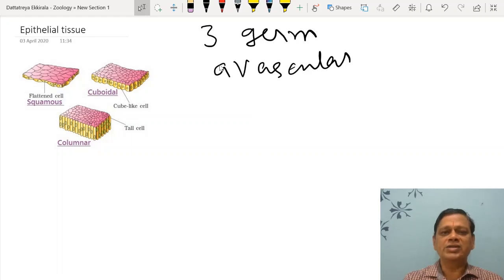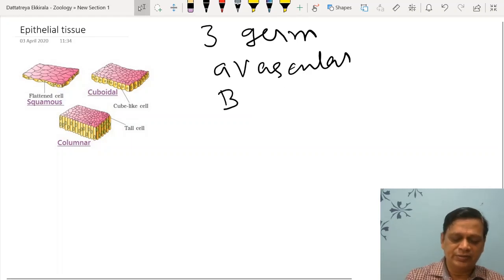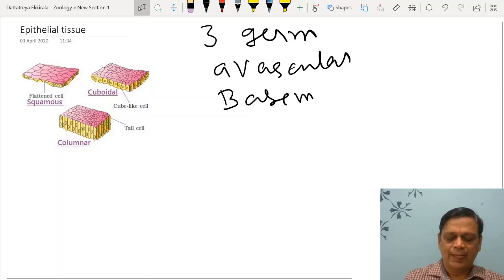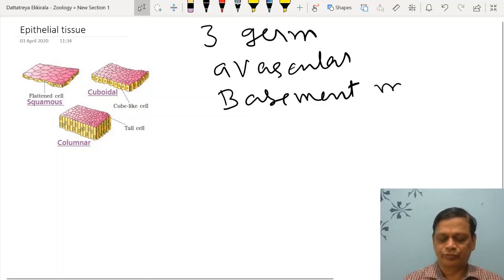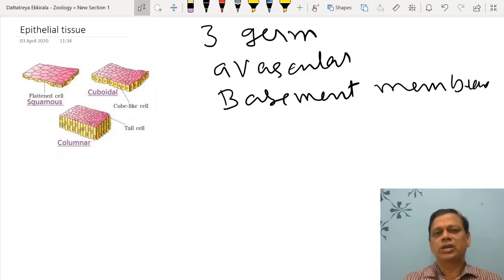And they rest on a basement membrane. The basement membrane is generally secreted by epithelial tissues, and the underlying connective tissue will produce it, and they get nourishment through that because these are avascular tissues.